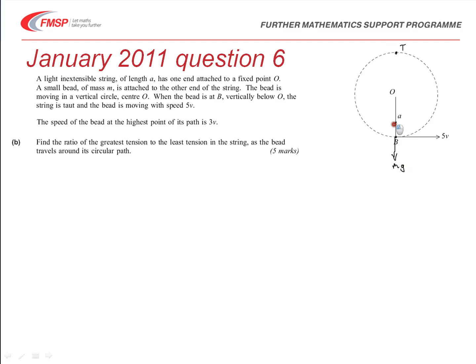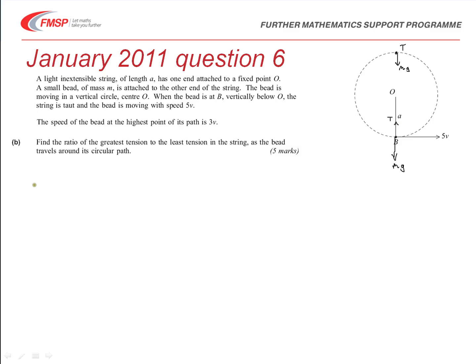Remember, there is a tension in this string here, T. Whereas at the top of the circle, the weight is acting in the same direction as the tension, and so that will reduce the tension that's required in the string to maintain the circular motion.